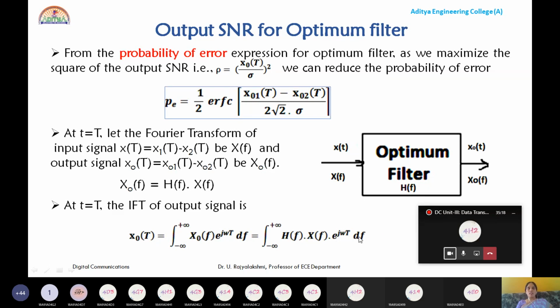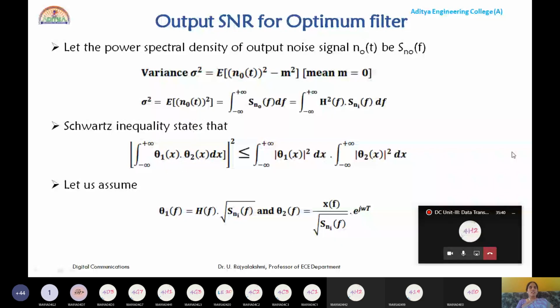Now let us calculate the transfer function and output SNR. Please remember this expression, the inverse Fourier transform of the output signal x naught of t as the integral from minus infinity to plus infinity of H of f into X of f into e power plus j omega t df. Now let us calculate the output SNR first, then we can directly get the transfer function.